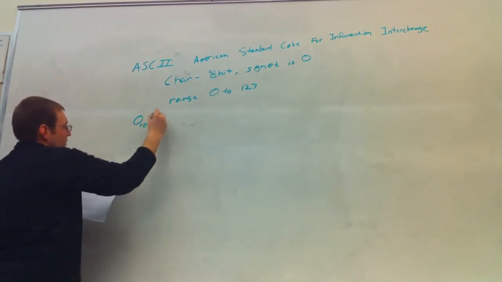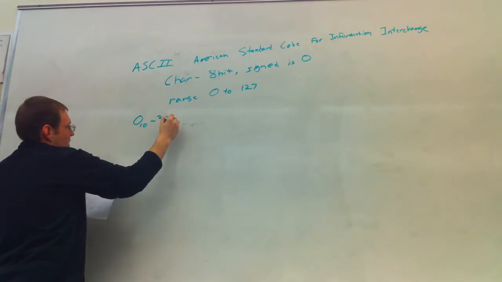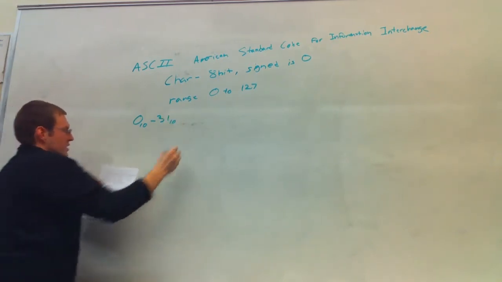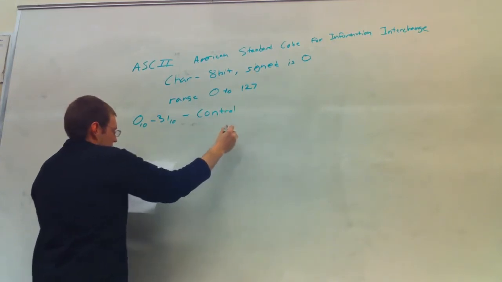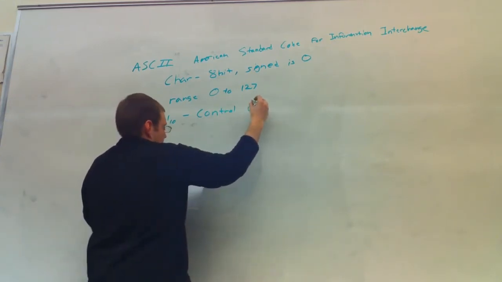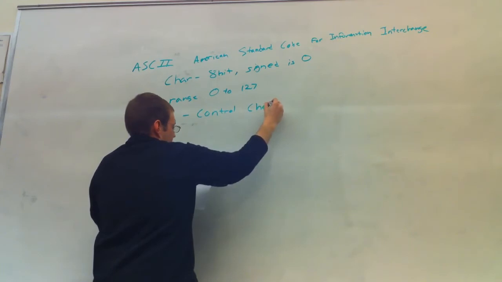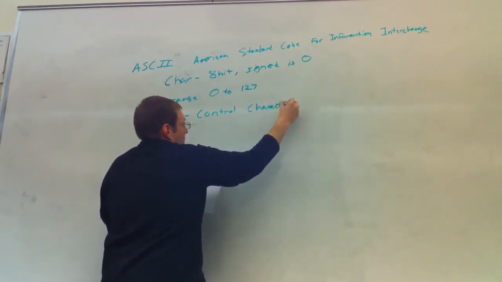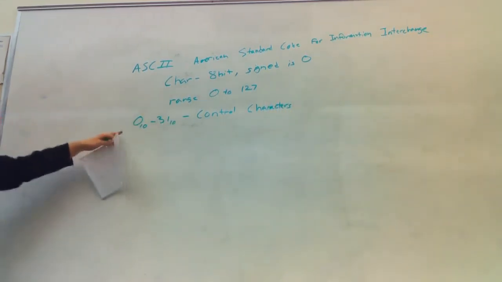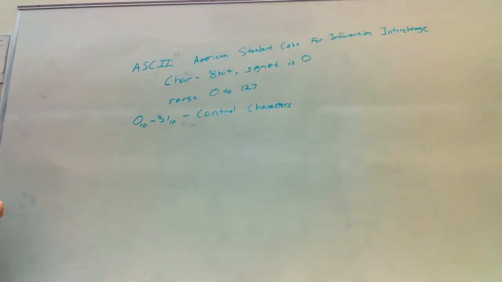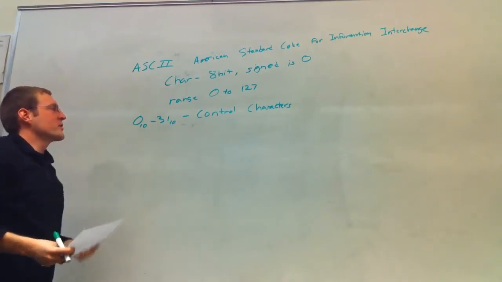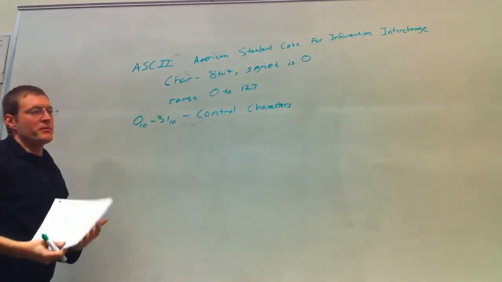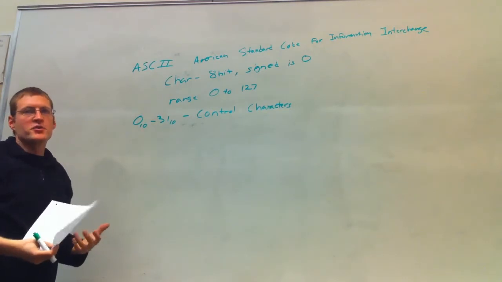So numbers 0 through 31, these are all in decimal numbers, are called our control characters. We call these control characters, in essence, non-printable characters. Basically they're commands to the monitor, the printer, to do something.